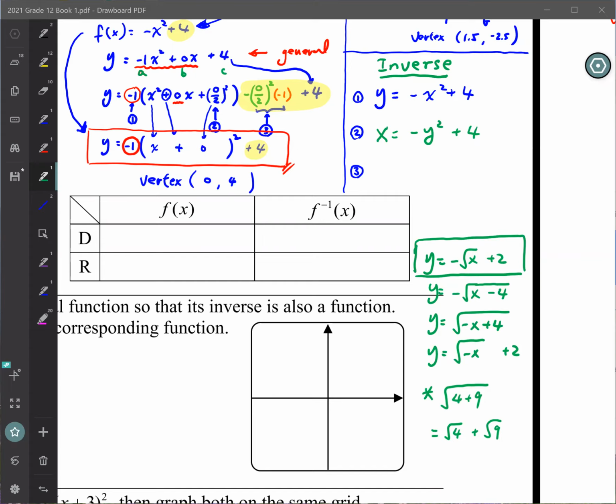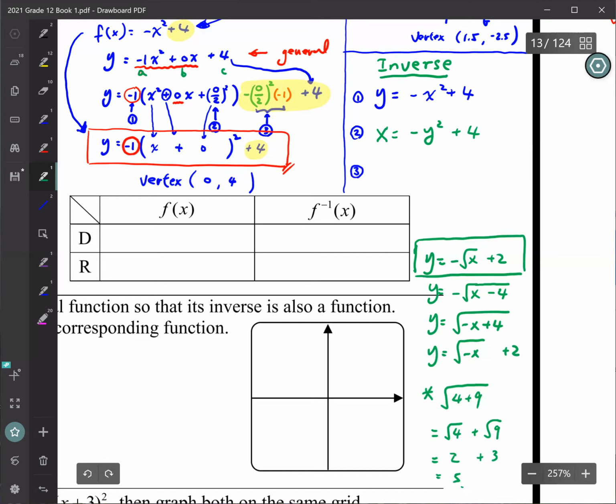Okay, the easiest way to see if it works, so what happened is I split the square roots. Let's say we continue. Square root of 4 is 2. Square root of 9 is 3. So that gives you a 5. So the answer should be 5 if you split it.